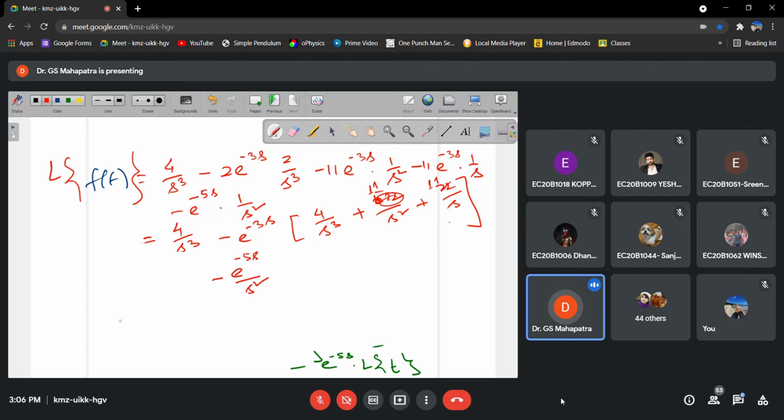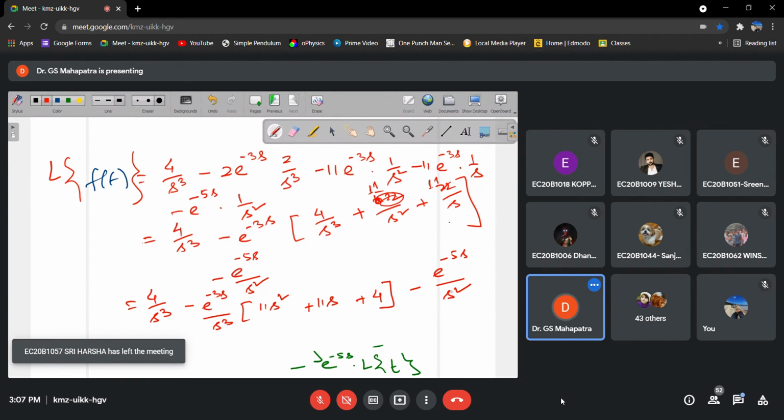So the answer is this one: 4 by s cube minus e to the power minus 3s by s cube, (11 s square plus 11s plus 4), minus e to the power minus 5s by s square. This is the Laplace transform of the given function.